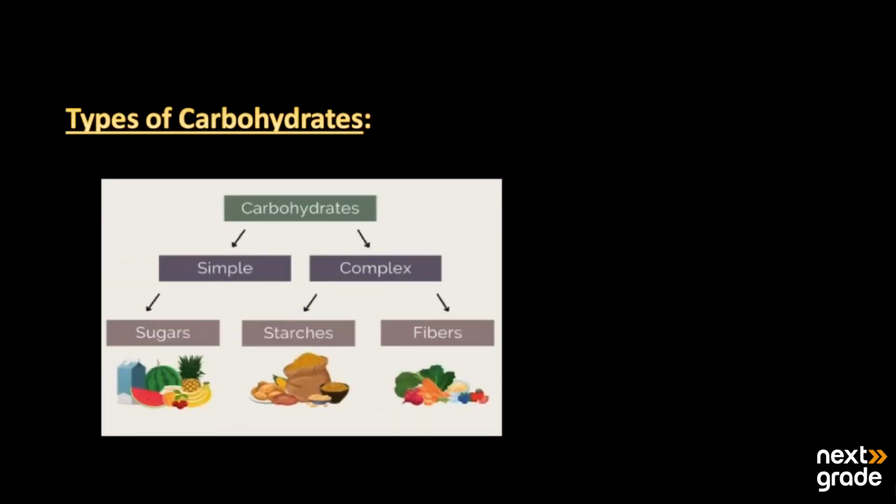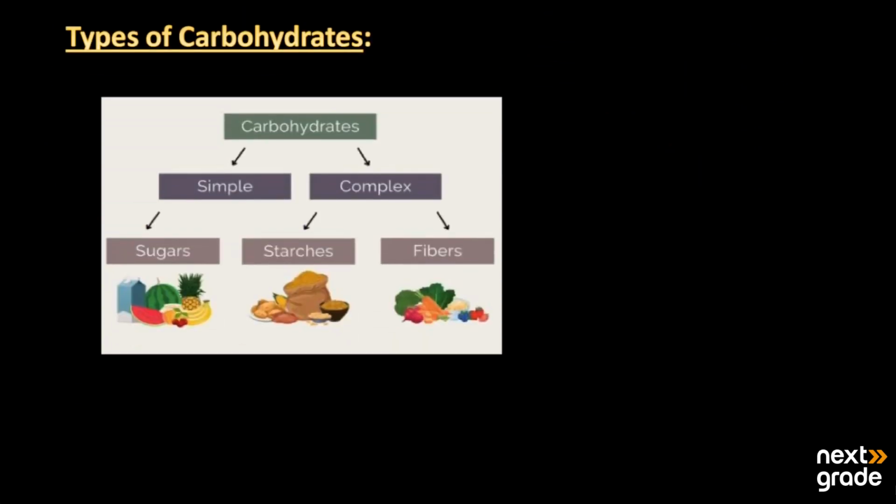And then we have the types of the carbohydrates. Basically, carbohydrates are of two types. Number one, we have the simple carbohydrate, and the second one, the complex carbohydrate. The simple carbohydrates are named as the sugars that are present in different fruits. And then we have complex, the second type of carbohydrate. It is further divided into two types, the starches and the fibers.